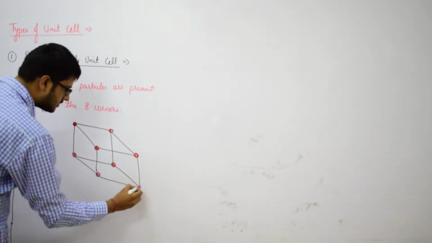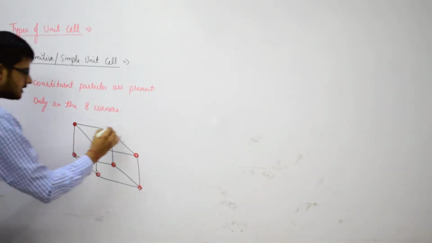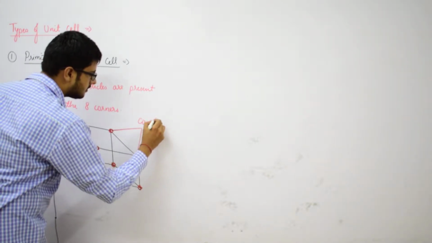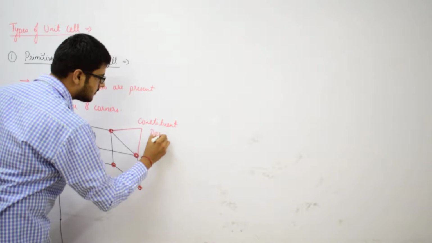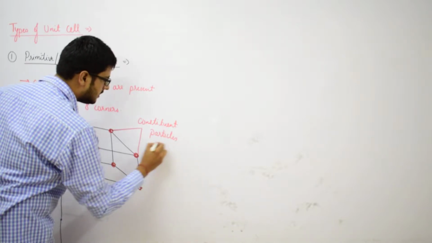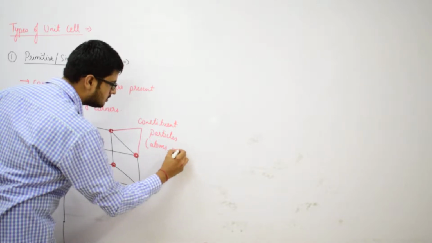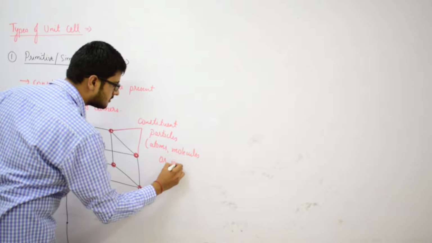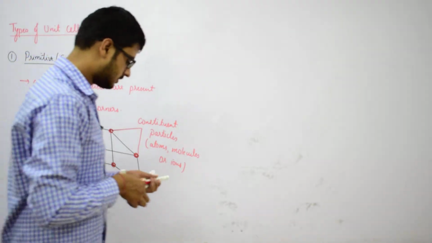These are the constituent particles, which can be atoms, molecules or ions. They can be any, and this is an example of primitive or simple unit cell.